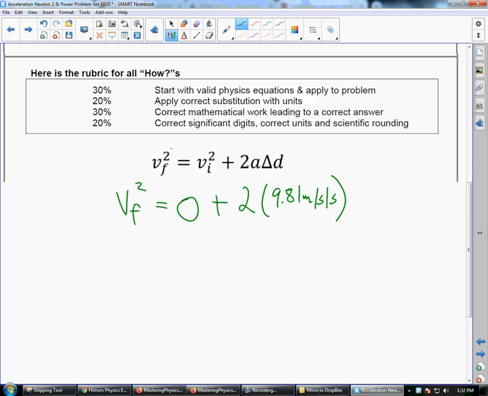Because remember, down is positive, so I use positive there. And then the displacement is going to be positive 13 meters for me. If we picked down negative, we would have had a negative 9.81 and a negative 13 and gotten a positive.